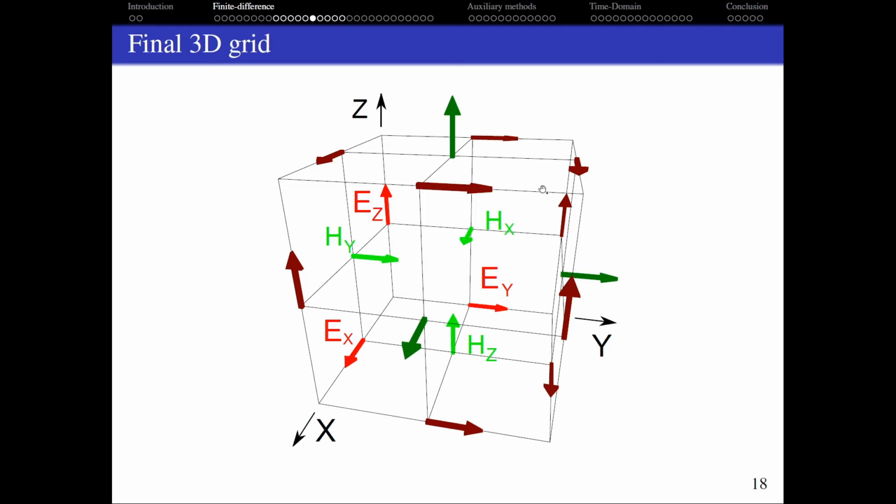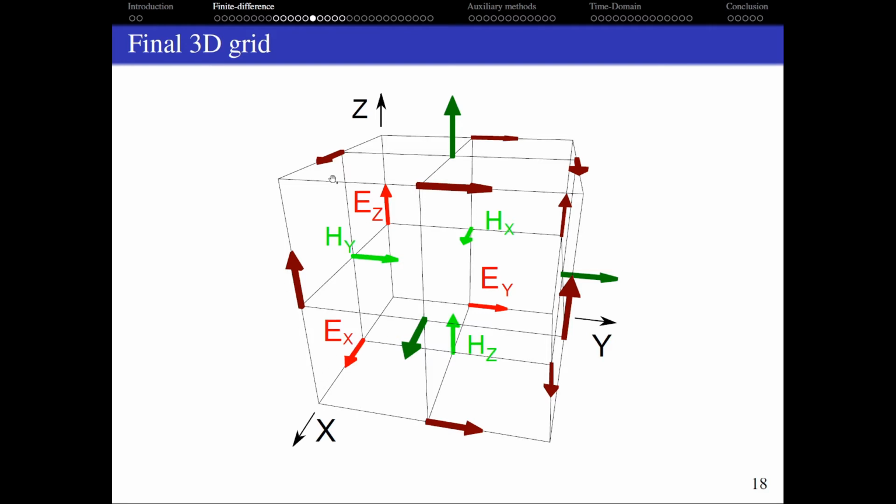This grid was defined by Yee this way because it's actually pretty useful if you want to have perfect conductor boundary conditions, because they are defined in a way that the tangential parts of the E field are 0 and the orthogonal parts of the H field are 0 also.